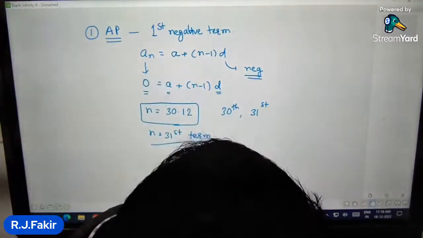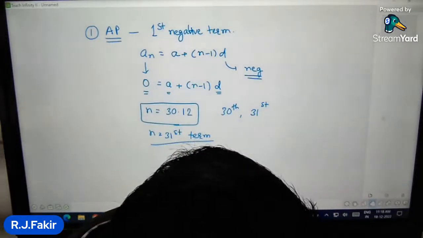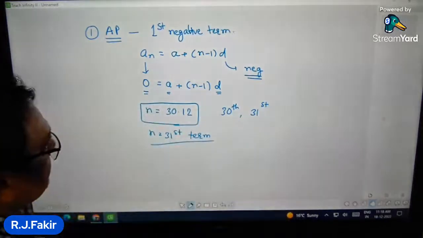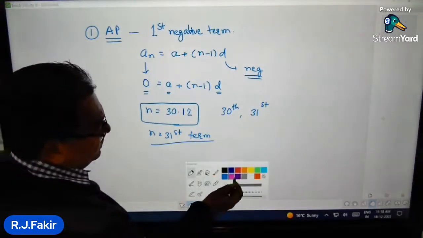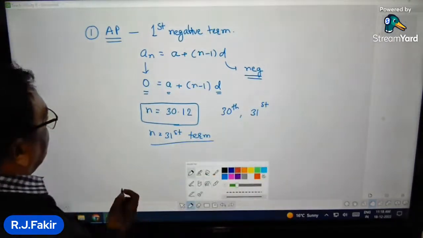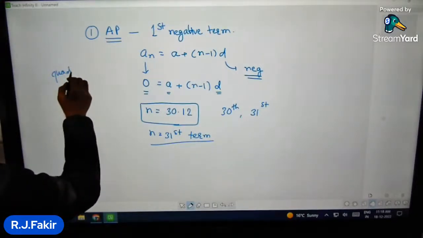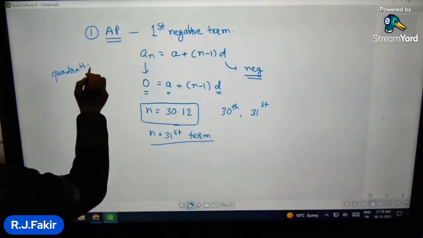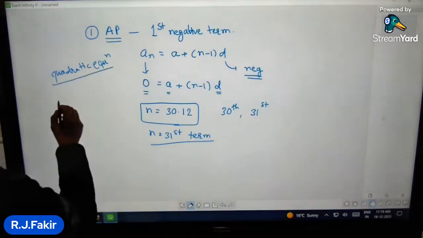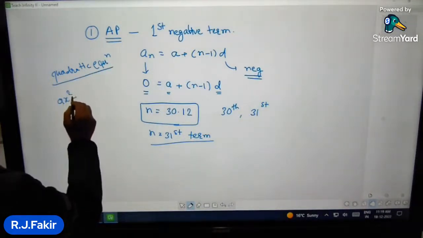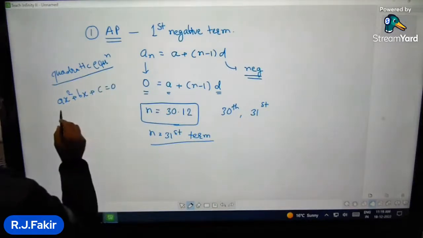Then you have another question even. Which of the following is or is not a quadratic equation? This is another type of question it is asked. So the quadratic equation, simply you remember that standard form, which is ax square plus bx plus c equals to 0.